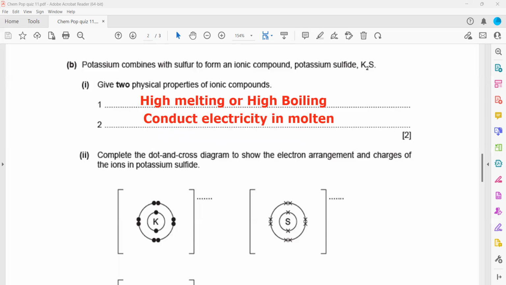You can also mention that. So this is the discussion. Even if potassium combines with chlorine or potassium combines with iodine, they all have the same answer, because the general properties of ionic compounds are similar.